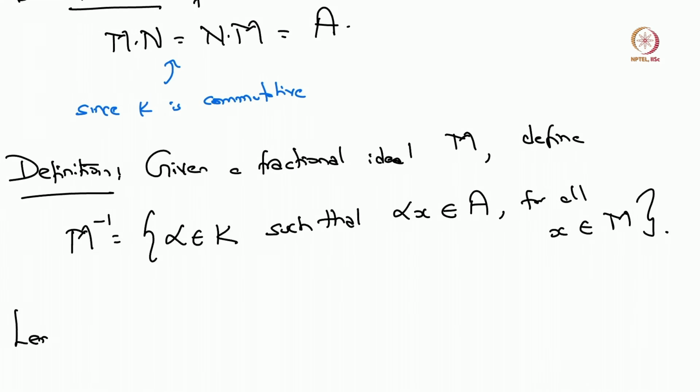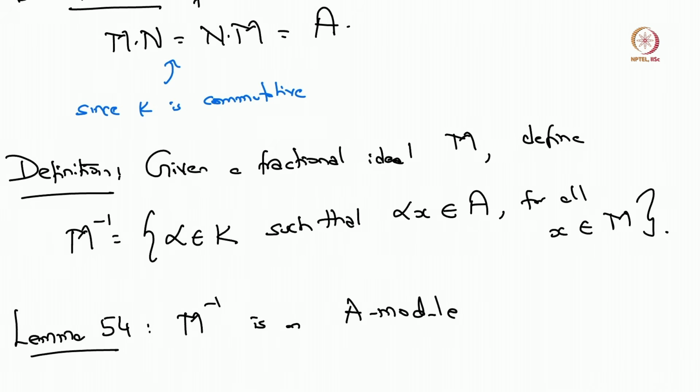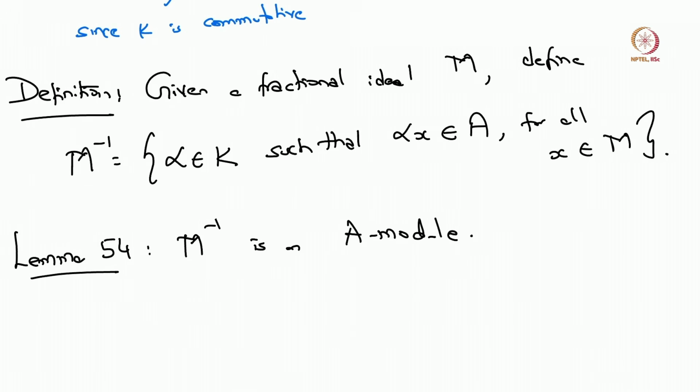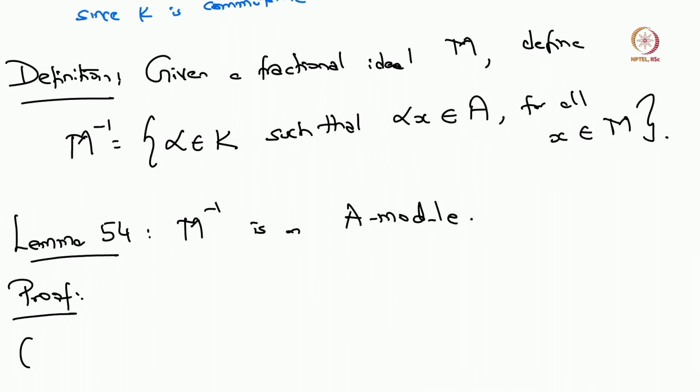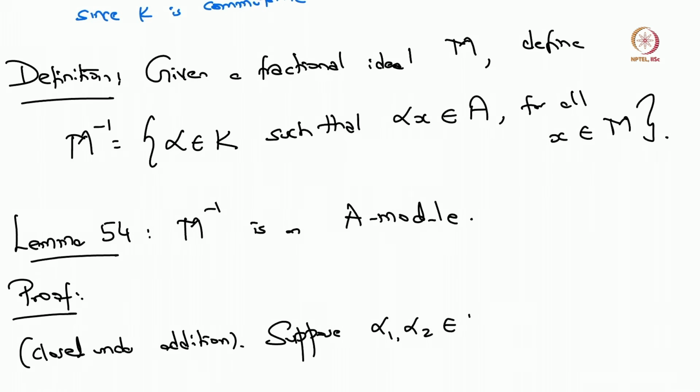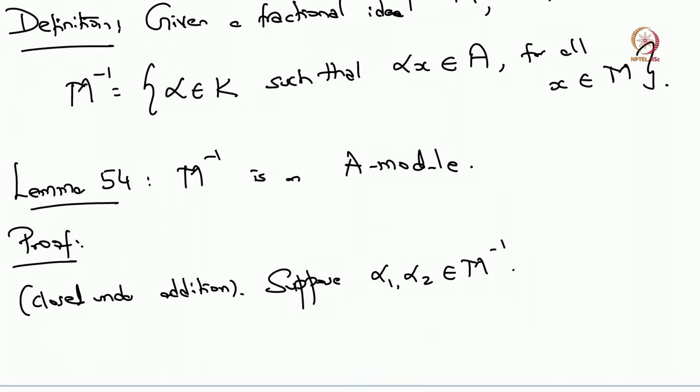And so the next lemma is that this set is an A module. Again, the proof is just following our nose. So we have to show that it's closed under addition. So suppose you take two elements, alpha 1 and alpha 2, in the set M inverse. What does that mean?